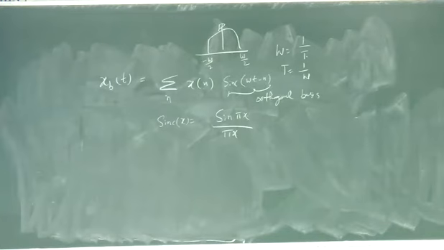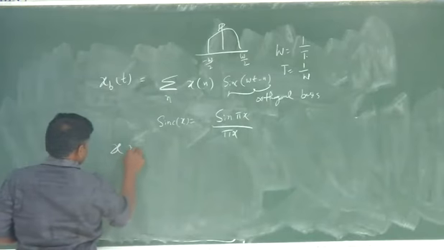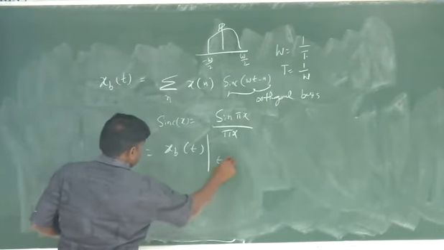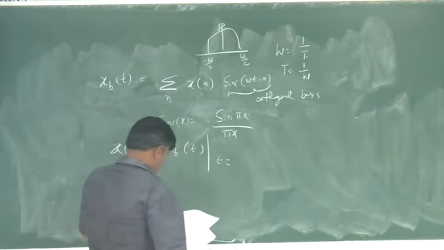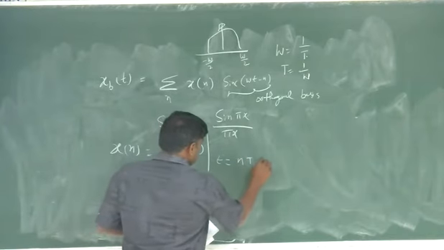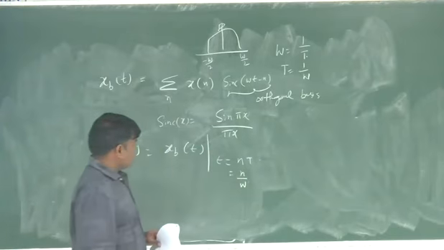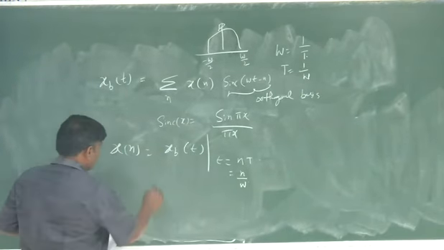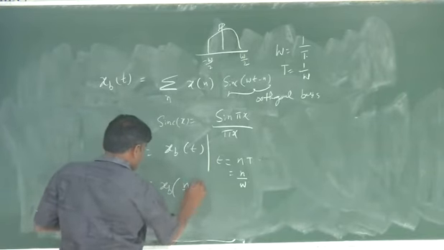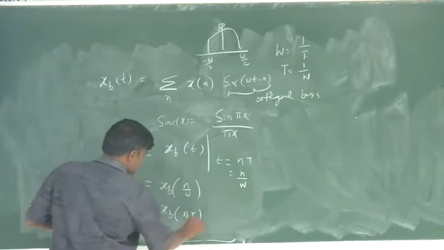What is x of n here then? How are x of n and xb of t related? Xb of t taken at t equal to nT, or n by W. So this can be written as xb of n by W, or it can also be written as xb of n.